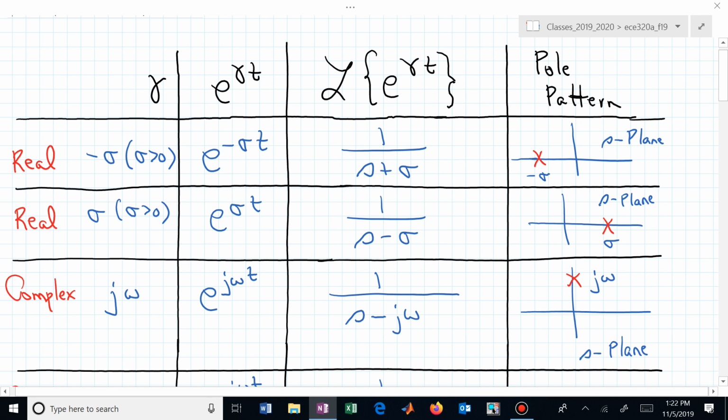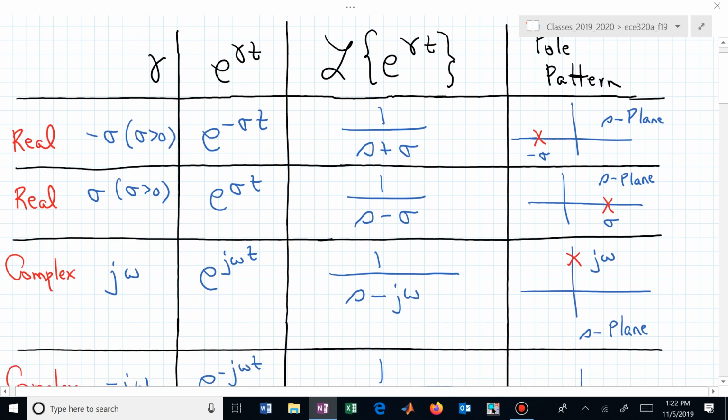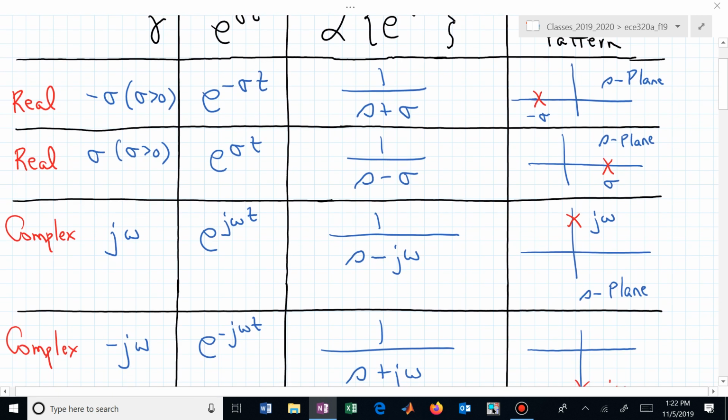where are those poles? Now you're maybe thinking about signals, e to the minus sigma t, but that could also represent the impulse response of a circuit that might have an h of t described by e to the minus sigma t. Here, we're looking at 4 different patterns, or 4 different values for the variable gamma.